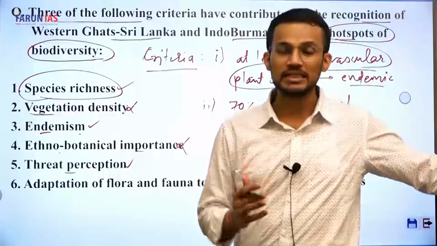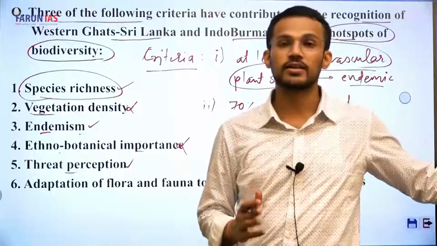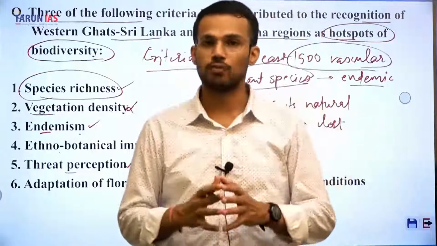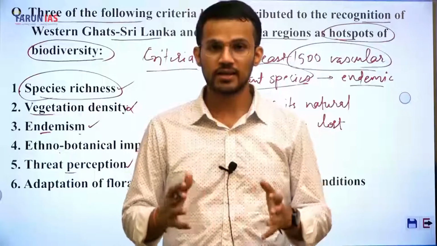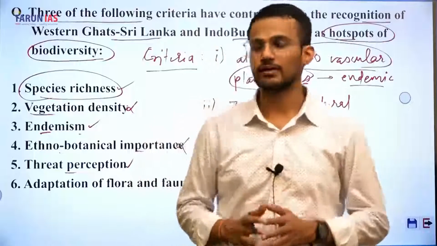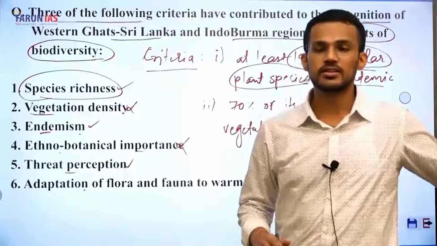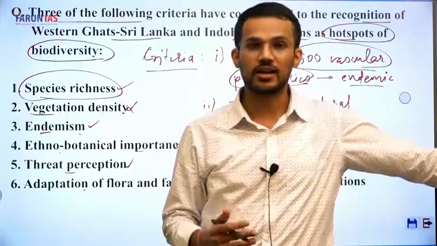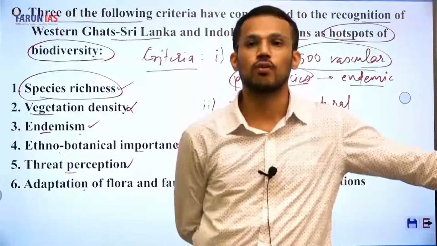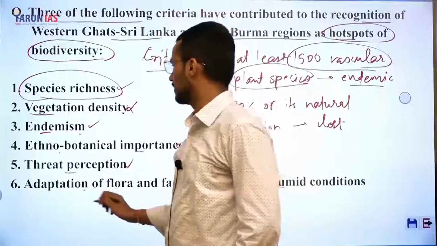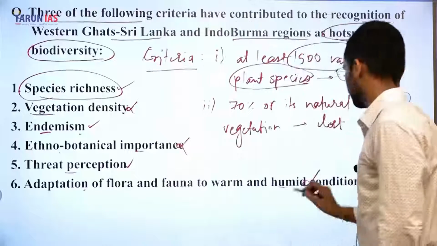So adaptability is one of the important features of biodiversity. And the problem is that this particular adaptation is not a criteria as such for the recognition of biodiversity hotspots, and hence we should eliminate this as well, right?